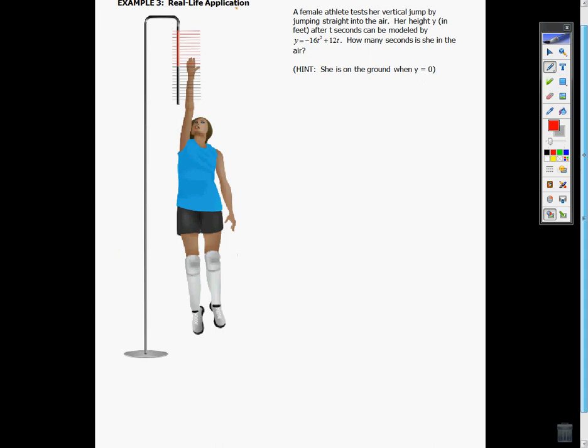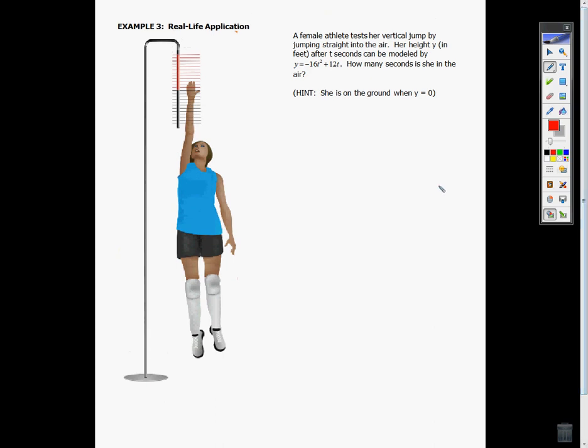Now the last thing we want to do, again, just like always, is a real-life application. And basically we have this female athlete testing her vertical jump. And I can model her vertical jump given by this equation right here. So basically, when I graph this equation, it's going to be that type of shape.